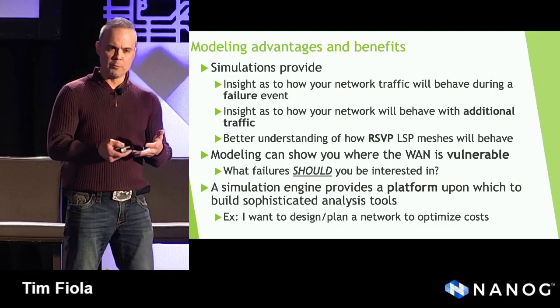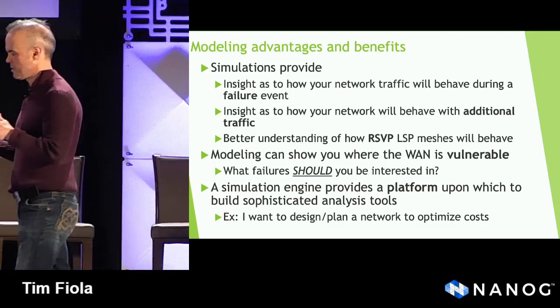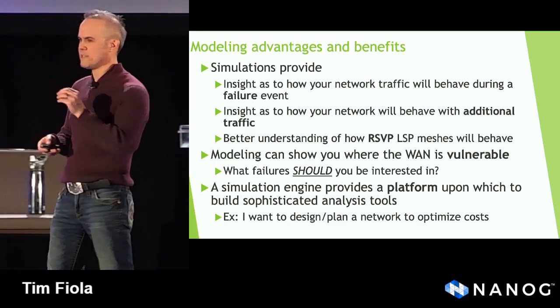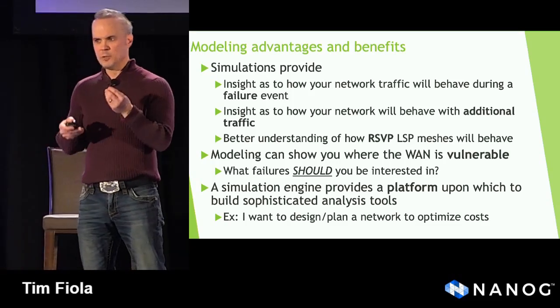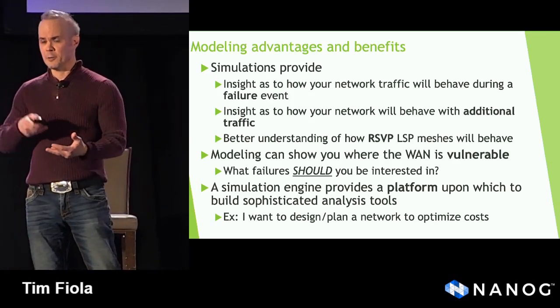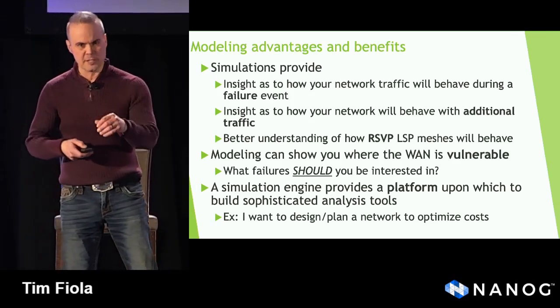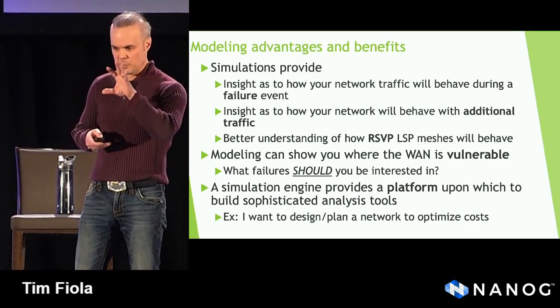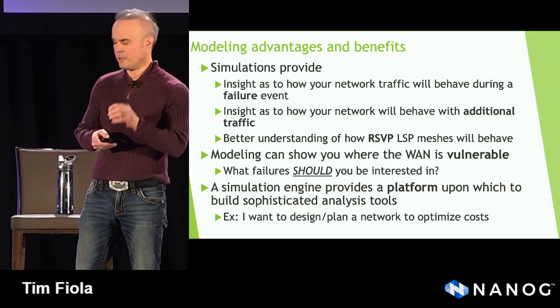And if you want to do more sophisticated analysis, for instance, I want to plan a greenfield network. I want to optimize this network for low cost. You need some type of simulation engine under the hood to run the scenarios and give you the optimal solution for what you're trying to do. A model is foundational for strategic planning of your network.